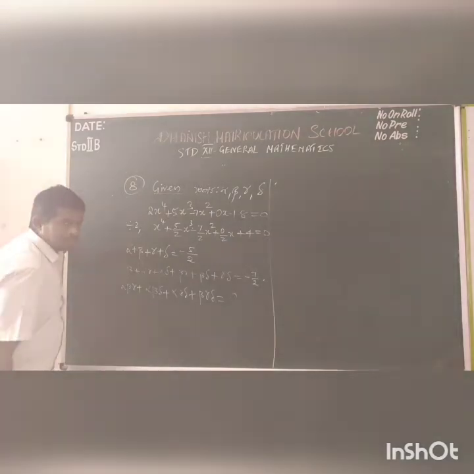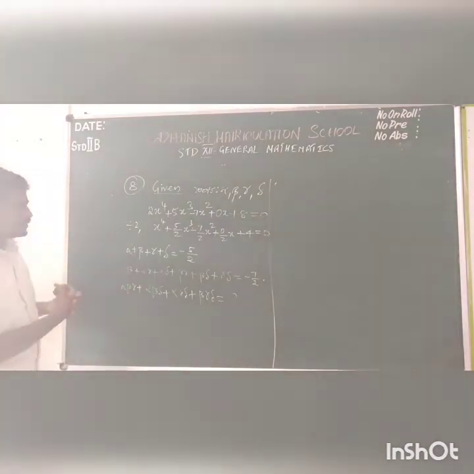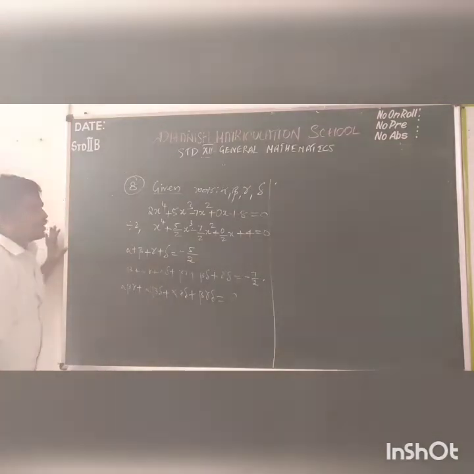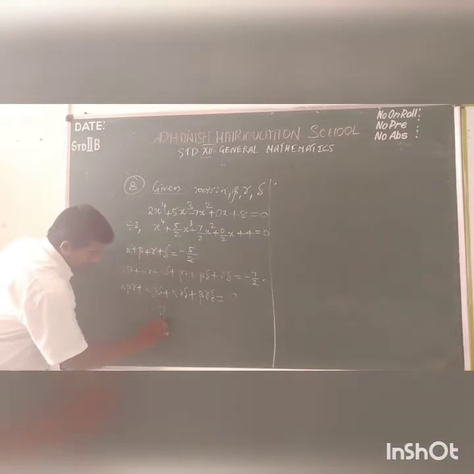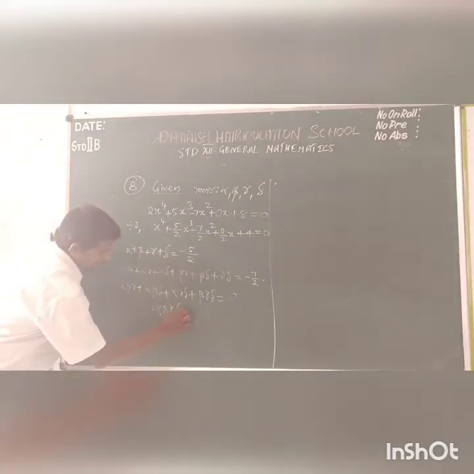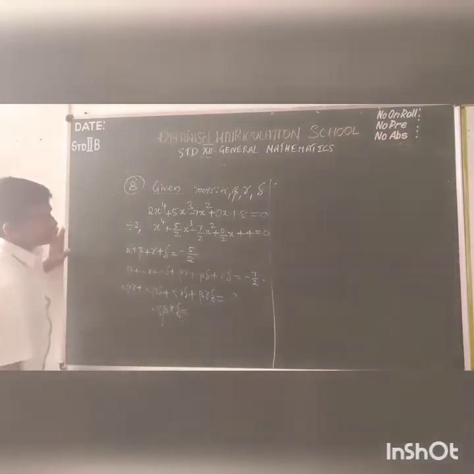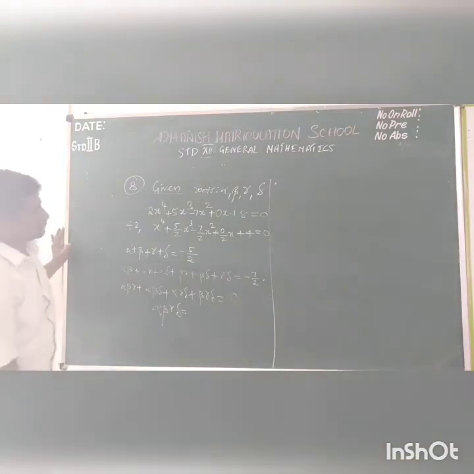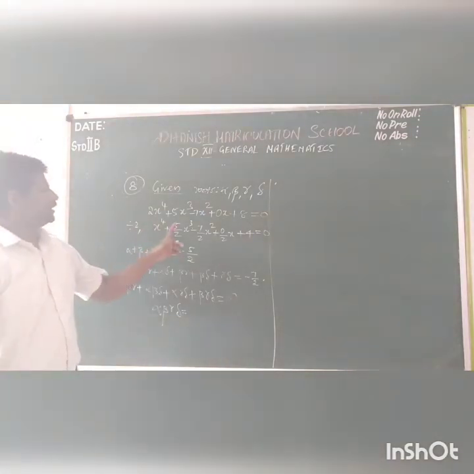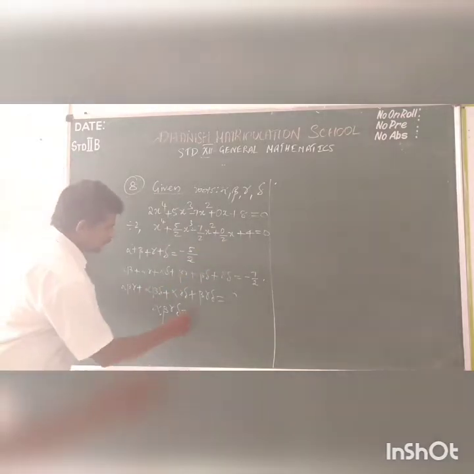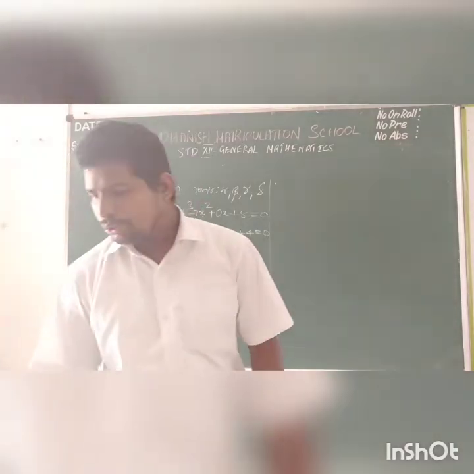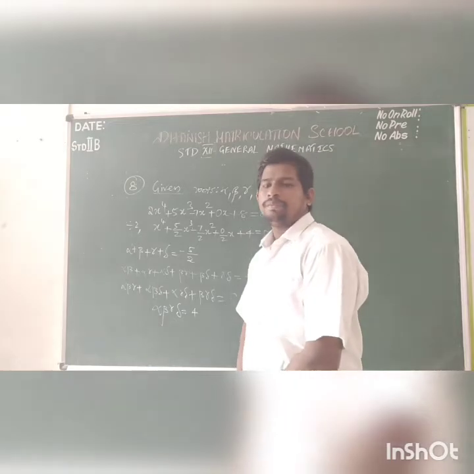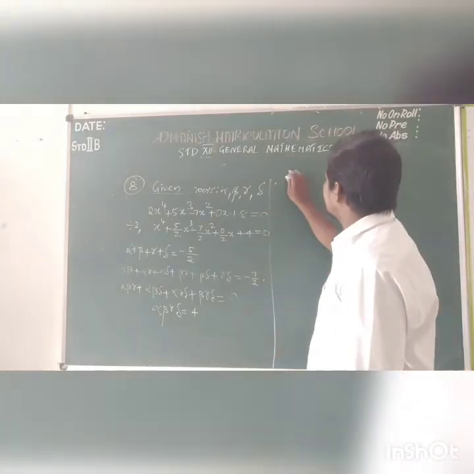Then the last one, by Vieta's formula, the product of roots alpha beta gamma delta equals plus, minus, plus, minus, plus, so it will become 4.